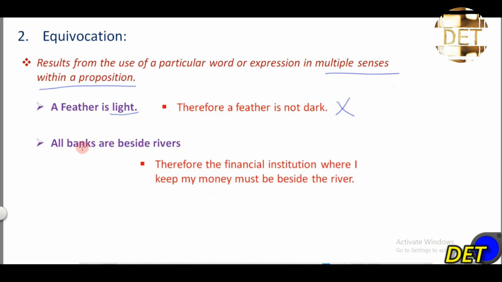The bank they are referring to here is not the financial institution but the bank of a river, right? So this is an error in reasoning. This is a fallacy of equivocation. So again, equivocation is a type of logical fallacy which results from the use of a particular word or expression in multiple senses within a proposition, right?